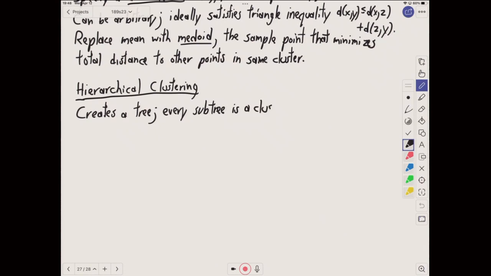In other words, you should think of some of the clusters as being made up of smaller clusters, and those clusters are made up of even smaller clusters. There are essentially two common methods of building these hierarchies. One is called the bottom-up method, also known as agglomerative clustering.